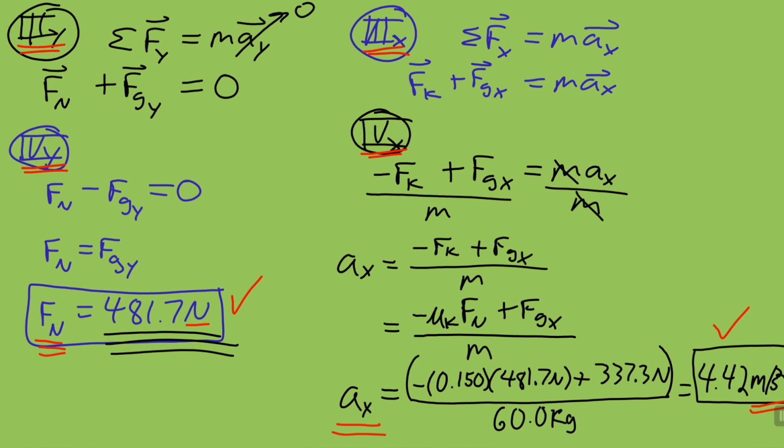Did all that stuff, did the math, took my hats off very carefully, put in the signs correctly, did all of this math, substituted in for f sub k correctly, did all this real careful, included my parentheses so I got my order of operations right, and then finally got a reasonable number, 4.42 meters per second squared. If you're skiing downhill, that seems like a reasonable rate at which to accelerate. So this is the tricky problem again. Hopefully this video helps.